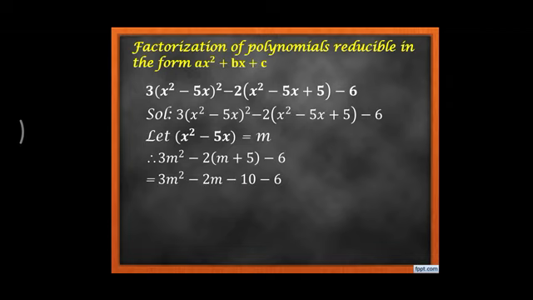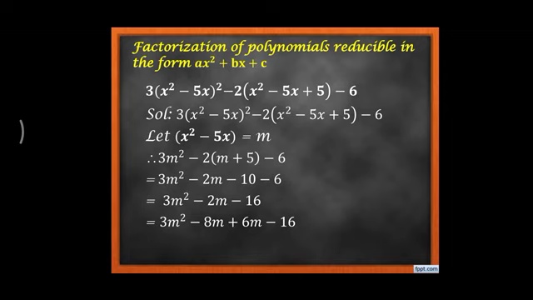When we solve this, we have 3m square minus 2 into m is 2m, minus 2 into 5 is minus 10 minus 6. So we have 3m square minus 2m minus 16. Now what is 3 into 16? We have it as minus 48.